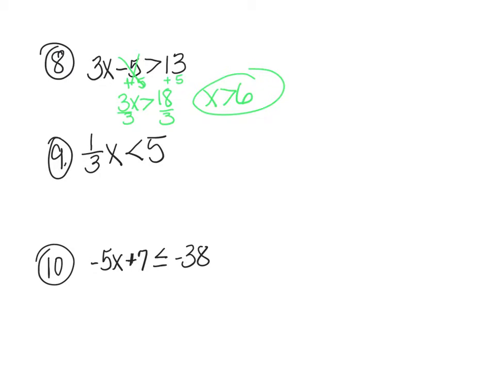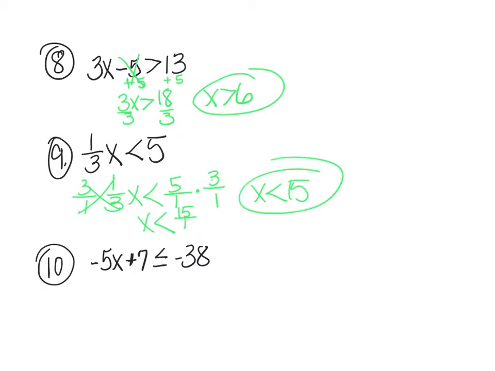So if I divide this by 1/3, which actually flips to 3/1, because remember, you KFC: you keep the first fraction, flip the second fraction, change the sign. And this, of course, cancels, so you have x. 3 times 5 is 15/1, so x is less than 15.